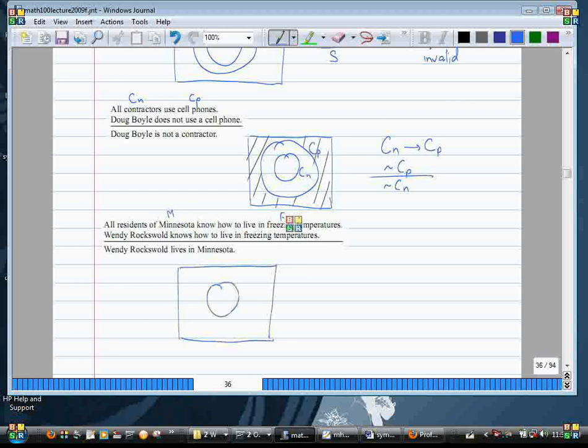So we have M, which is inside F, and then what's the next part? It says Wendy Roxwald knows how to live in freezing temperatures. So what that tells us is that we're somewhere in the F circle. Does that tell us that we're somewhere in the M circle? No. Could be in the M circle, could be out of the M circle, we don't know. So, invalid.